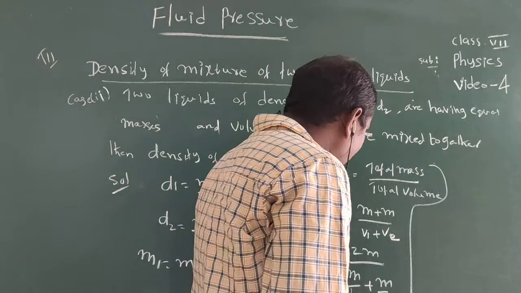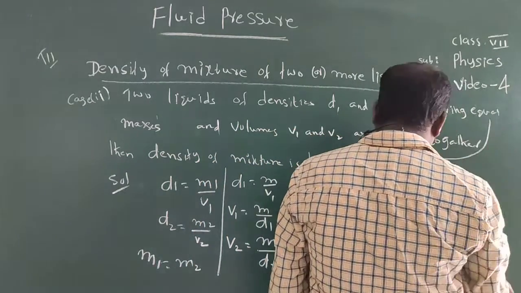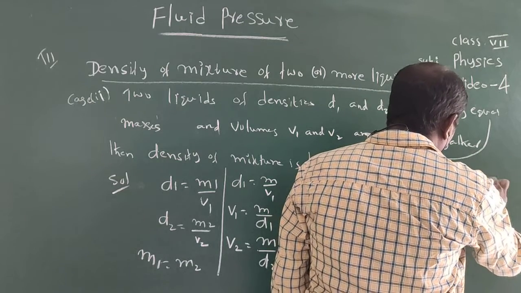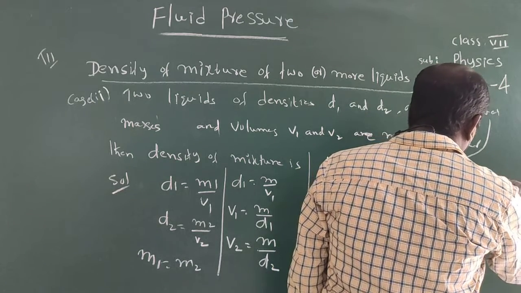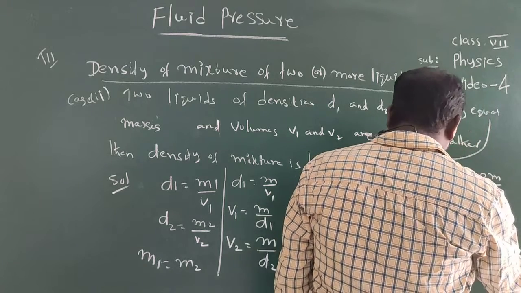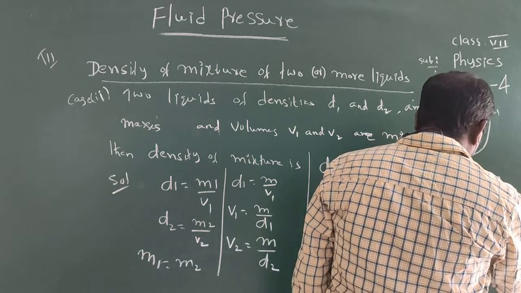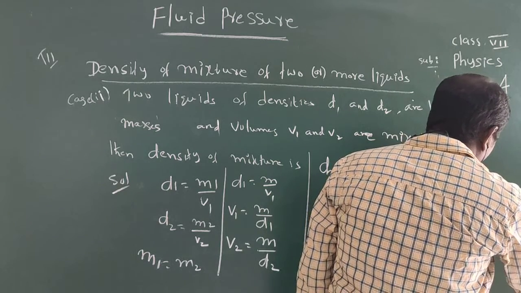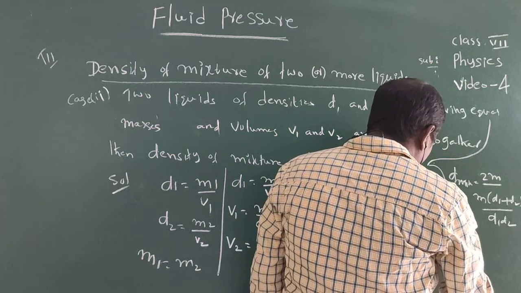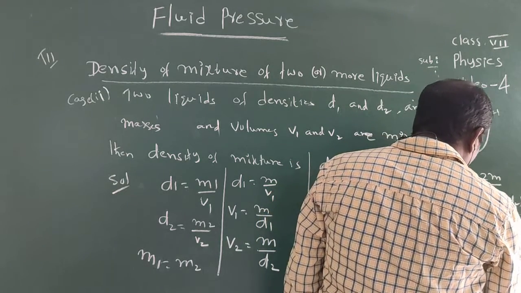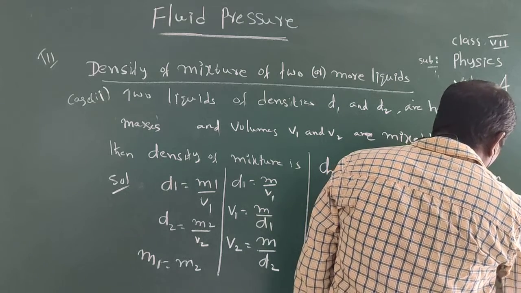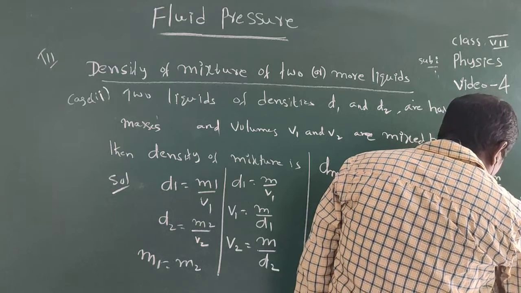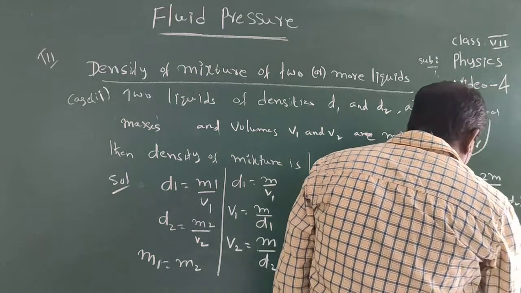So here LCM is d1 into d2. So density of the mixture equal to 2m by m common here, that is d1 plus d2 by d1 into d2. Taking the reciprocal, m will cancel.